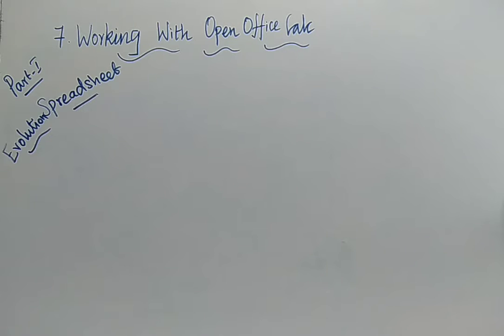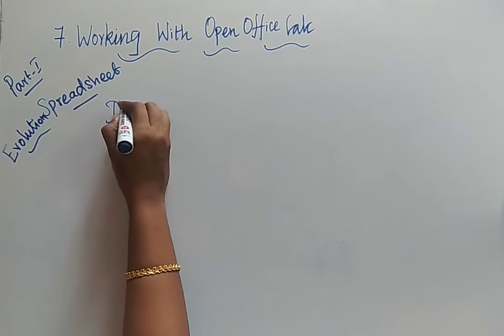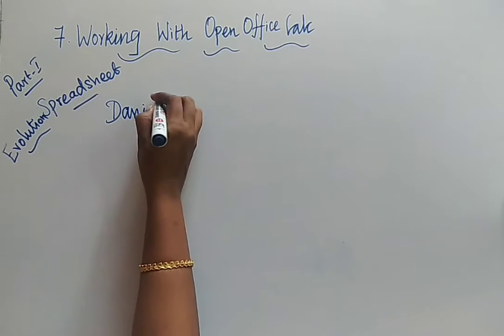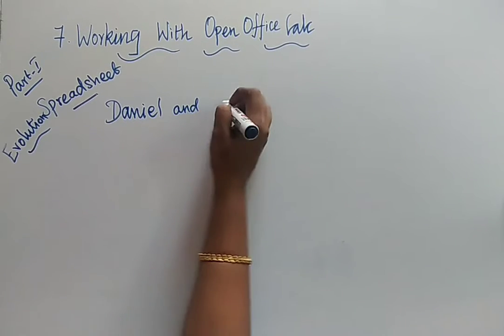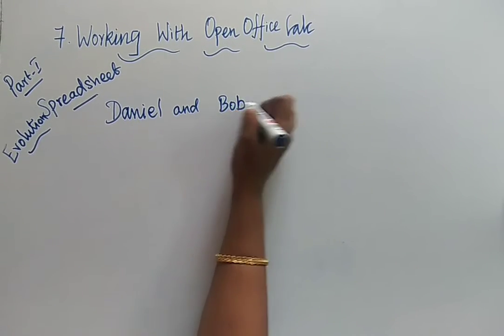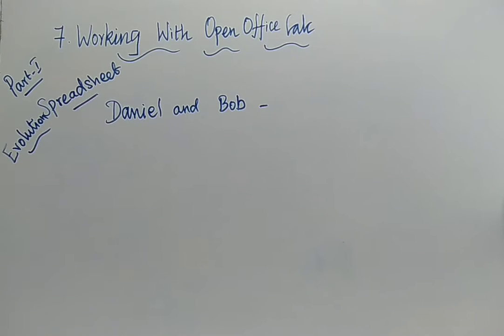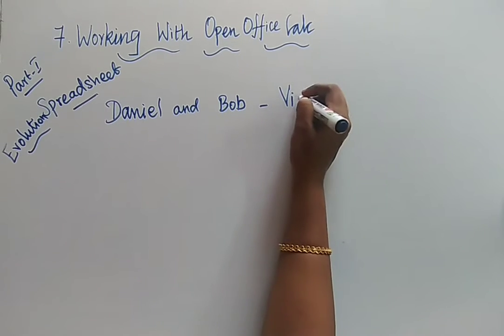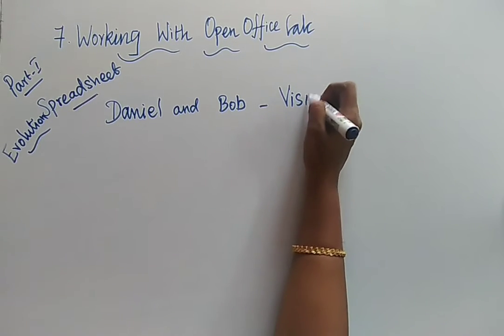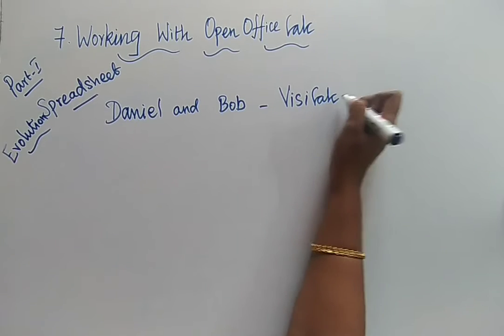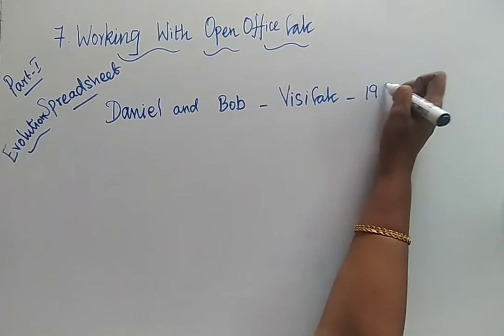Two persons were involved in the development of the spreadsheet. The first person is Daniel Bricklin, and another person is Bob Frankston. These are the two persons who developed VisiCalc. Early on it was called VisiCalc, and it was introduced in the year 1979.